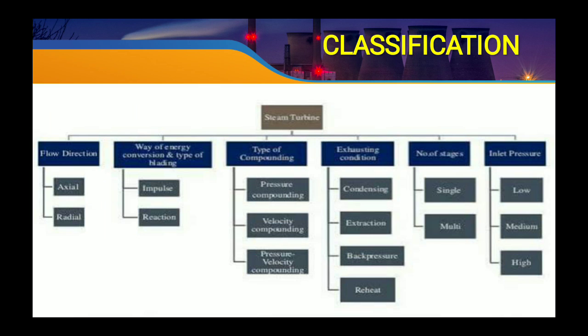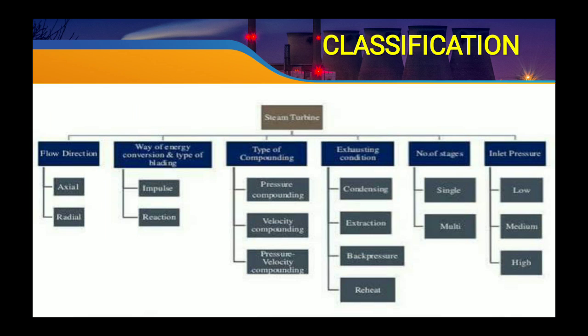According to flow direction, that is axial and radial. According to the way of energy conversion, that is impulse and reaction. According to the type of compounding, that is pressure compounding, velocity compounding, pressure velocity compounding. According to the exhausting condition, that is condensing, extraction, back pressure, reheat. According to the number of stages, single and multi-stage. According to the inlet pressure, that is low, medium and high.